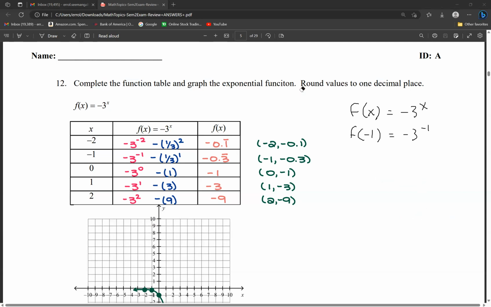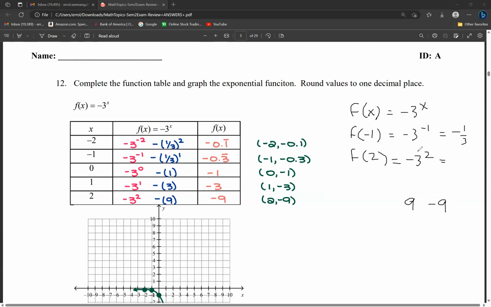So that's -1, right? So what about f of 2? That'll be what? -3 to the 2. What is that one? This one's -1/3, and then this one is it 9 or is it -9? -9.